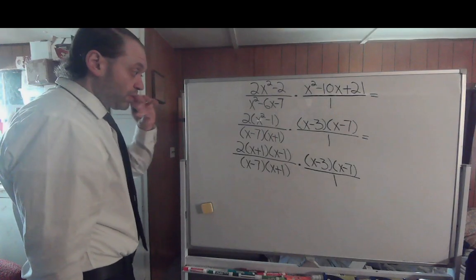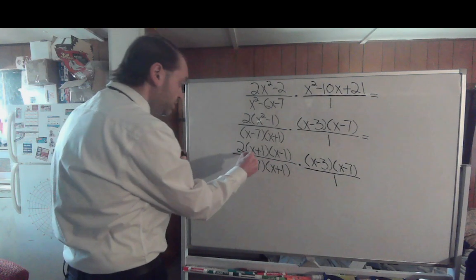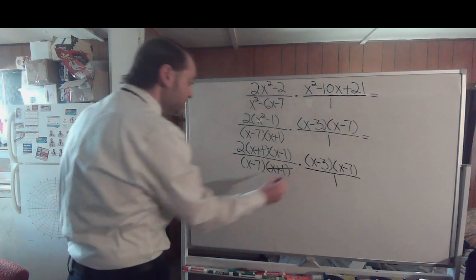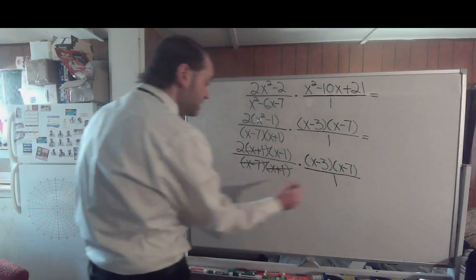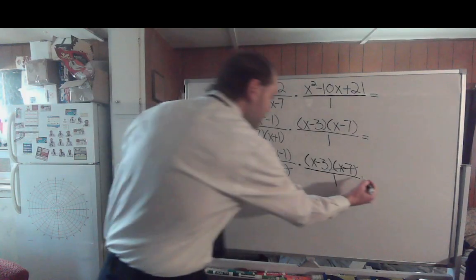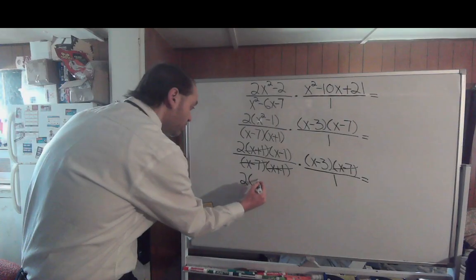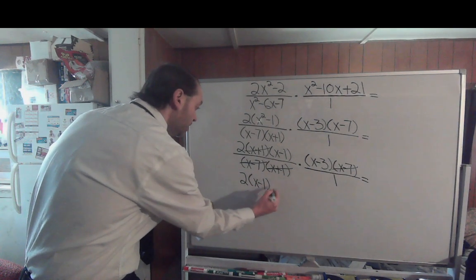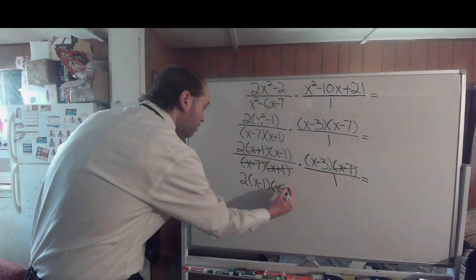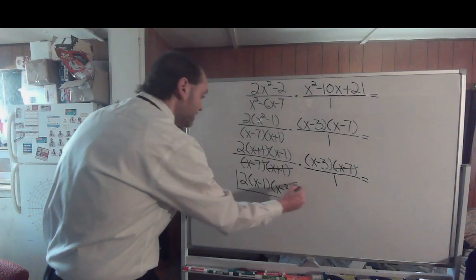Now let's look for what we can cancel out between numerator and denominator. Well, the x plus 1s will definitely cancel out. So will the x minus 7s, effectively killing off the denominator. So this would simplify into 2 times the quantity of x minus 1 times the quantity of x minus 3. That's what this would simplify into.